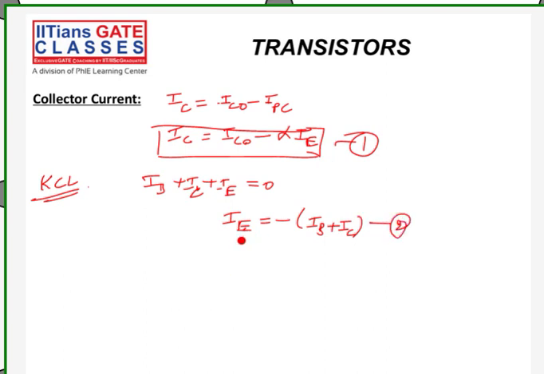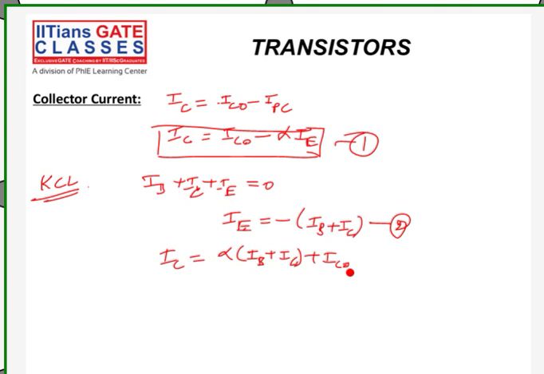So here IC is equal to alpha into IB plus IC plus ICO. Okay, I think it is clear.